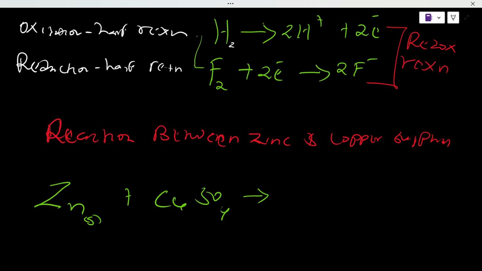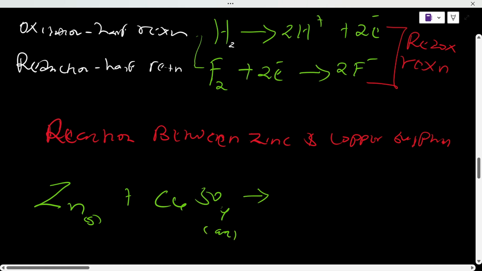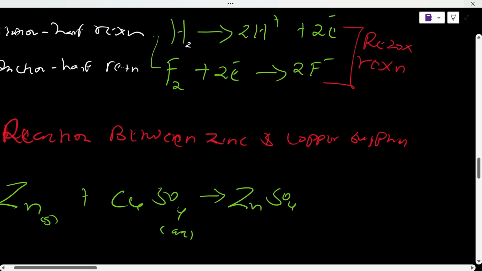So if I have solid and this is aqueous, I'm going to have zinc sulfate forming an aqueous solution plus copper, which is a solid.